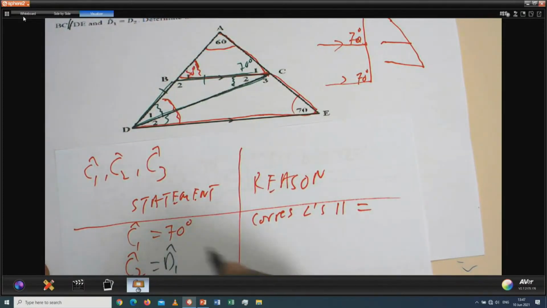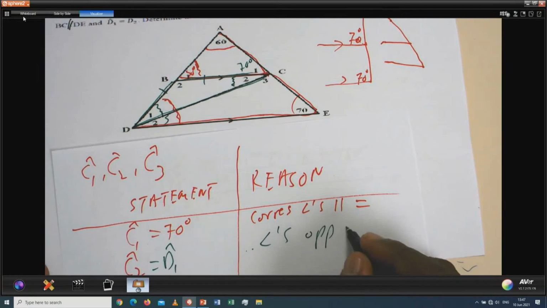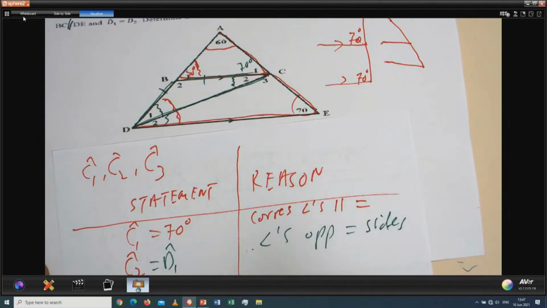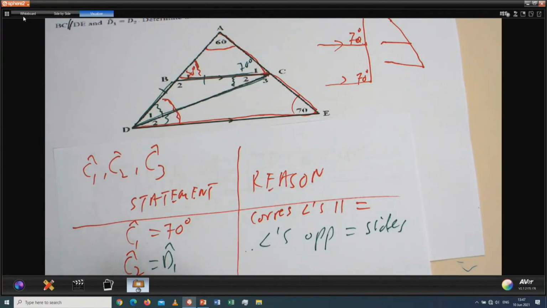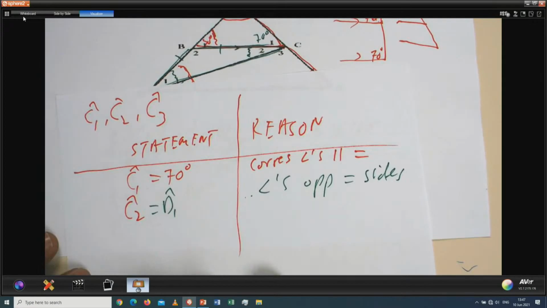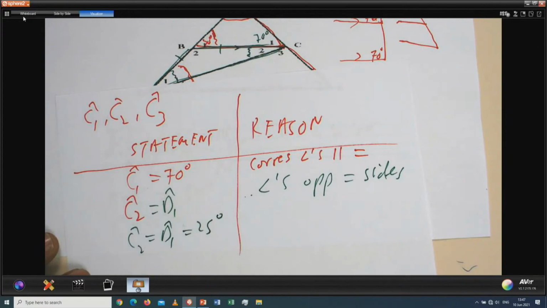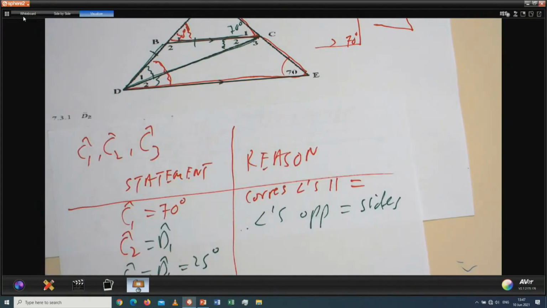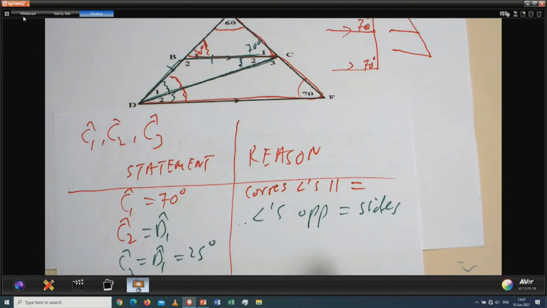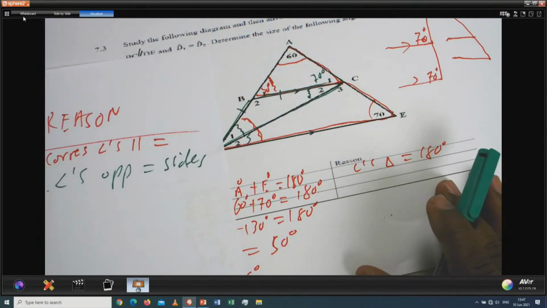Reason: angles opposite equal sides. But initially, remember, you were asked to calculate D1, and we saw that D1 is equal to 25 degrees. Always there is that relationship. You look for relationships. Mathematics is a relationship subject.